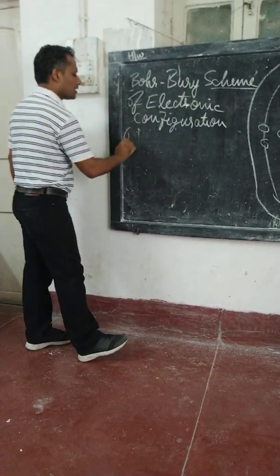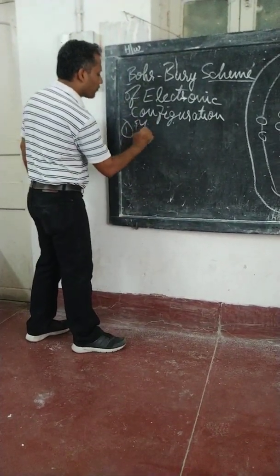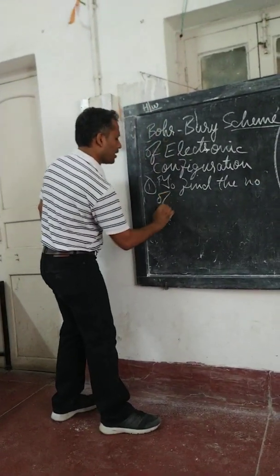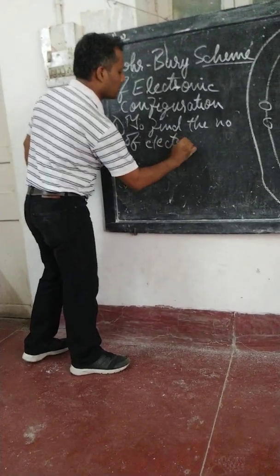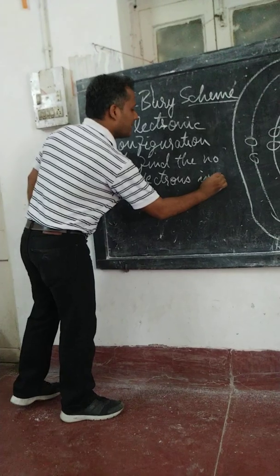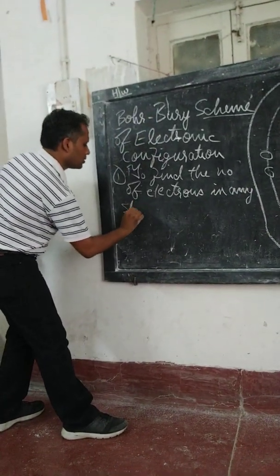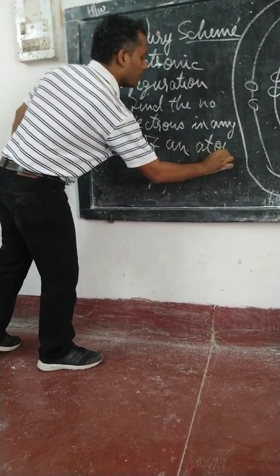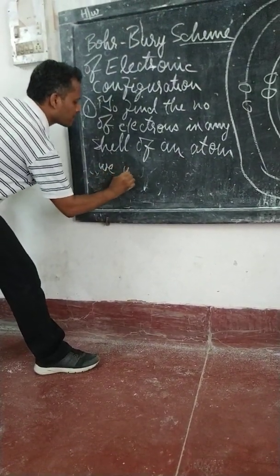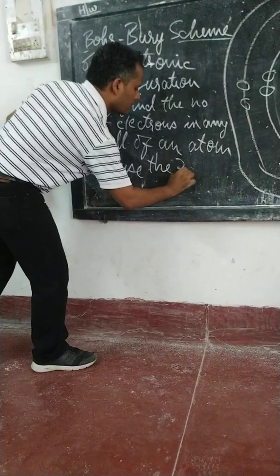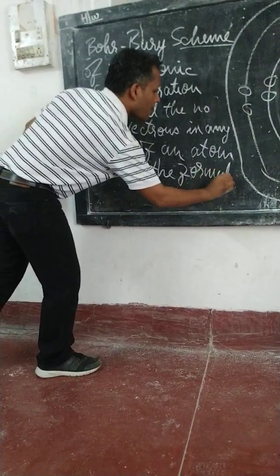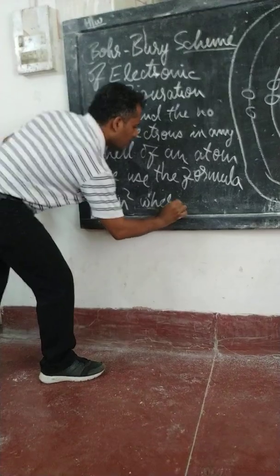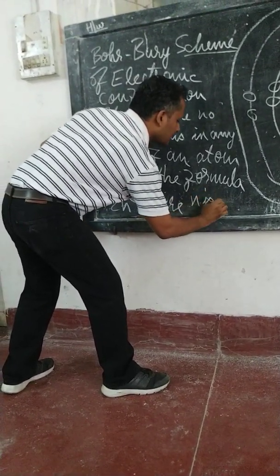Now Bohr-Bury, the first thing that is said is, to find the number of electrons in any shell of an atom, we use a formula: 2n square, where n is the shell number.